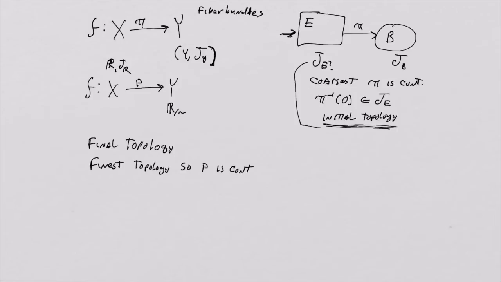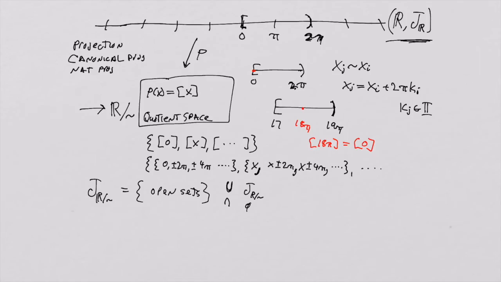All we have to work with, if you go back to our previous screen, is this function P. So we have a topology here and a function. We need a topology here. We don't want to just create things arbitrarily. We want to use the tools that we have instead of inventing ad hoc topologies. So we're going to make a topology that is just sufficient so that P is continuous.